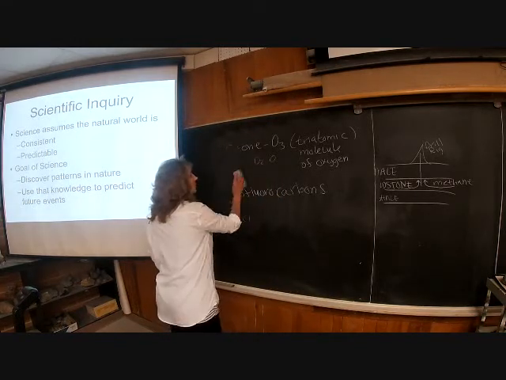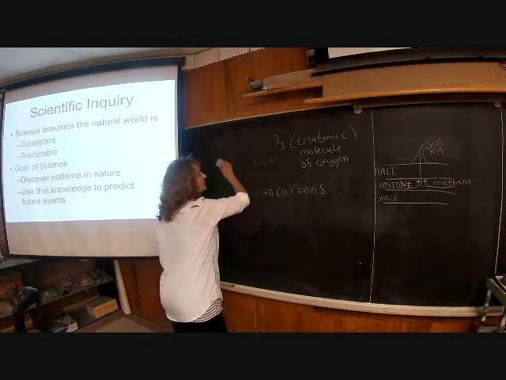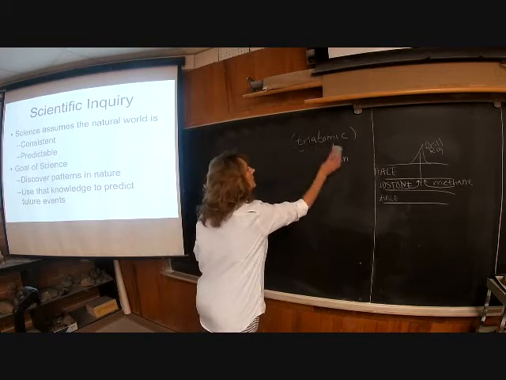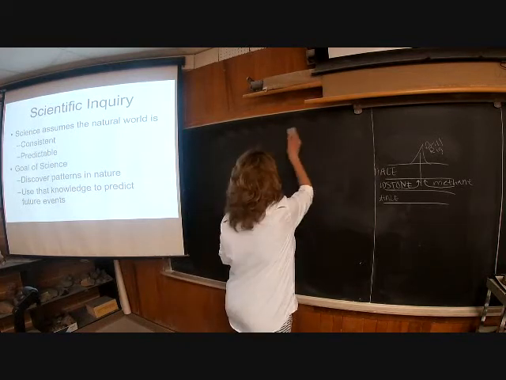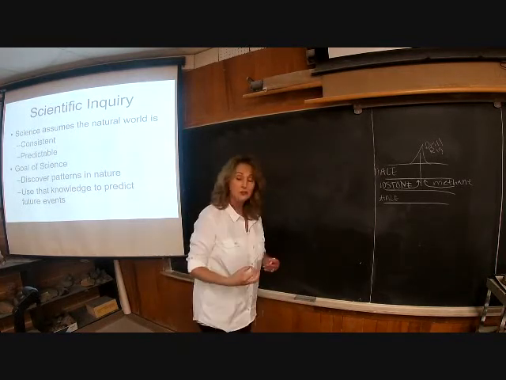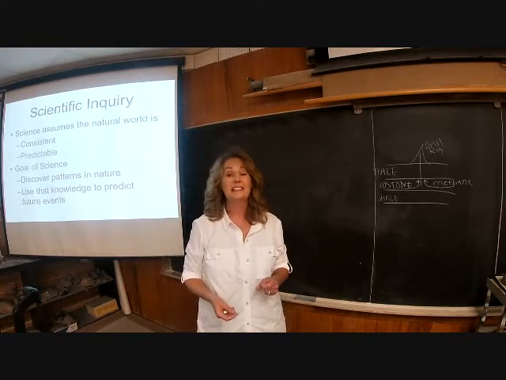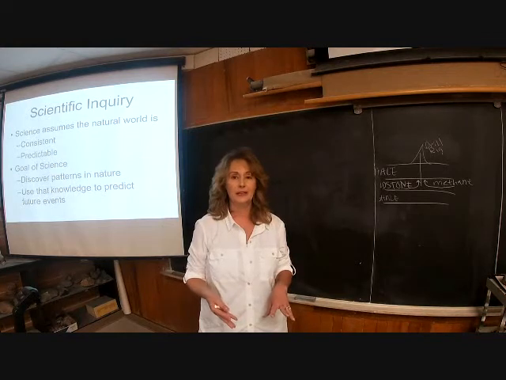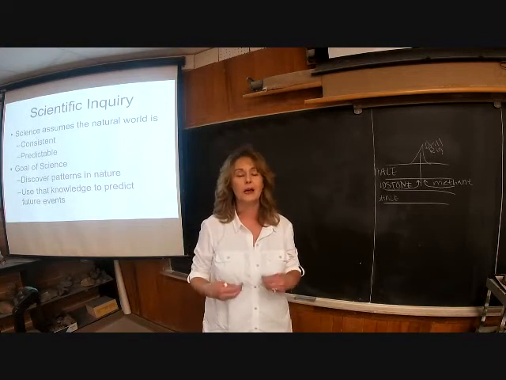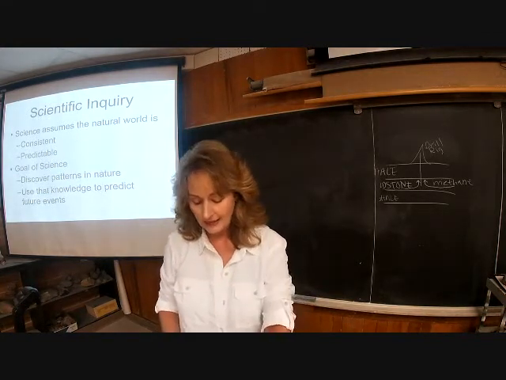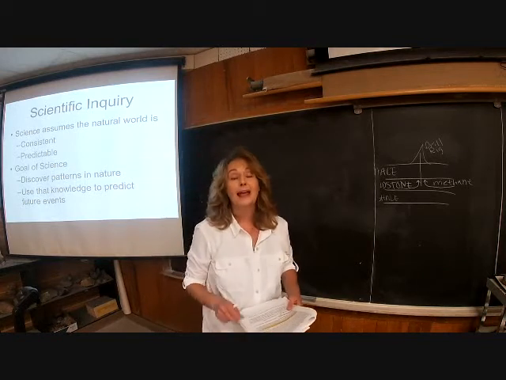One of them is called empirical knowledge. So empirical knowledge talks about knowledge we can gain from gathering data. So measurements, observations, and these are what we call the empirical.